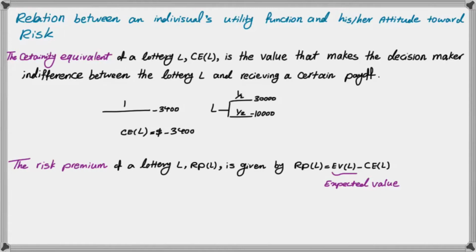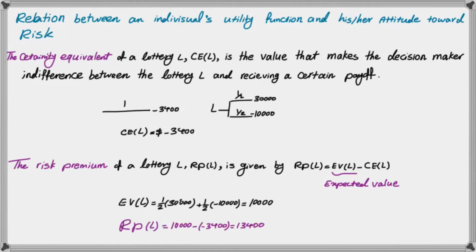You can find out the behavior of people toward risk. Let's take a look at this example. In this example, the expected value of the lottery is $10,000, and the certain equivalent the person provided is negative $3,400. If you use this formula, expected value minus the certain equivalent, you get $13,400, which is the risk premium.